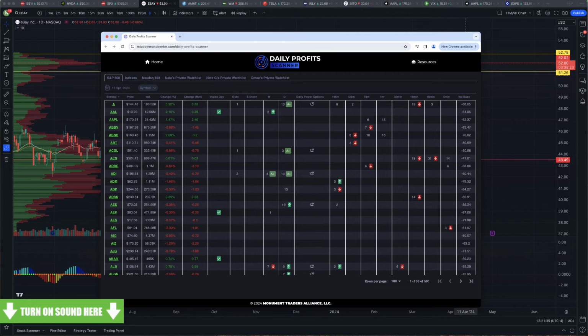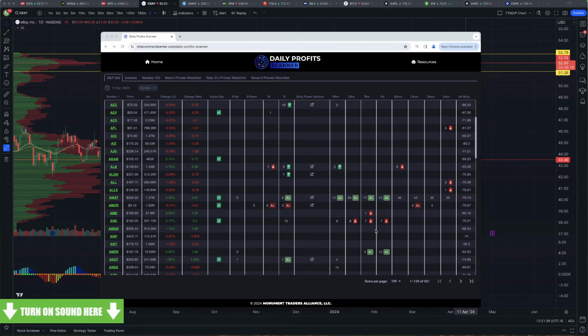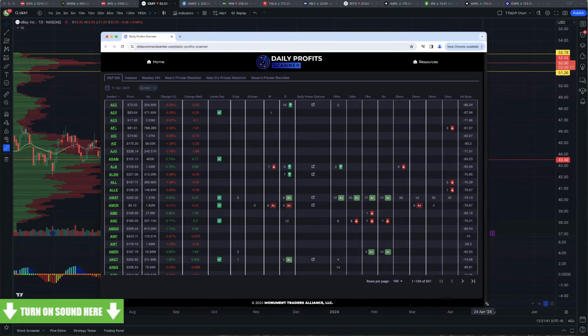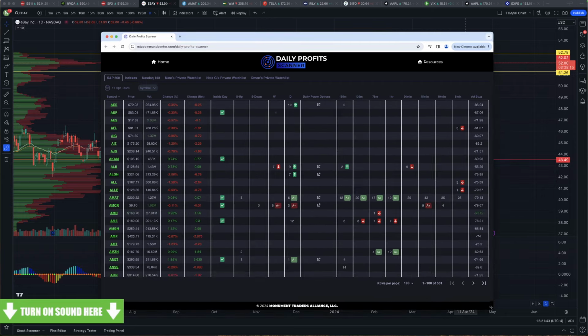Remember, we talked about trend, a pattern, and a squeeze. This is a device that Nate and the crew created that will scan the S&P 500, the NASDAQ, and the indices, and it will help us find trades on different time frames.